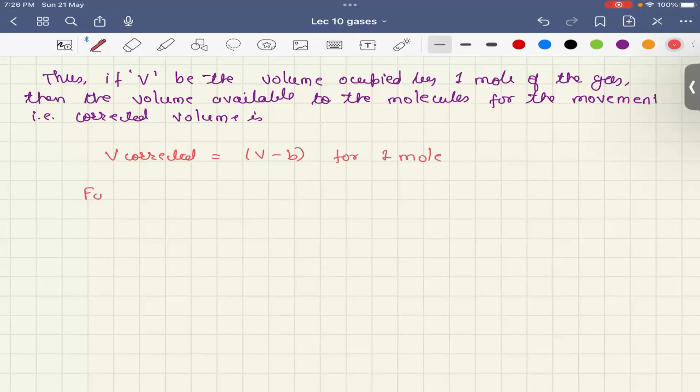For n moles of gas, V corrected becomes V minus nb, right?